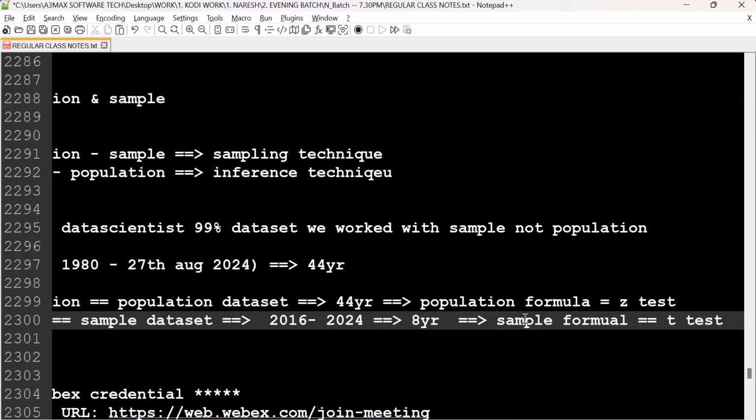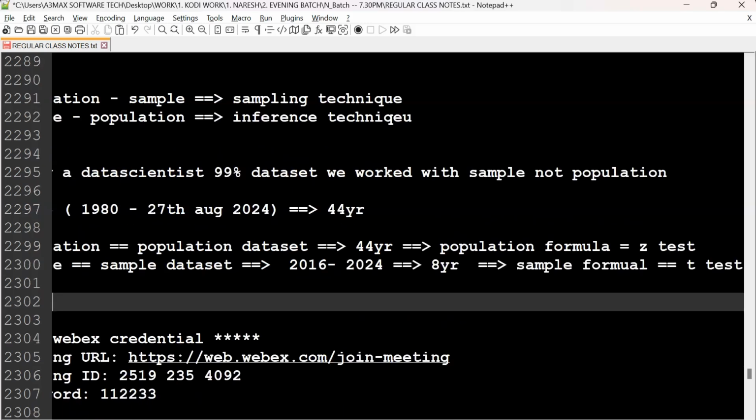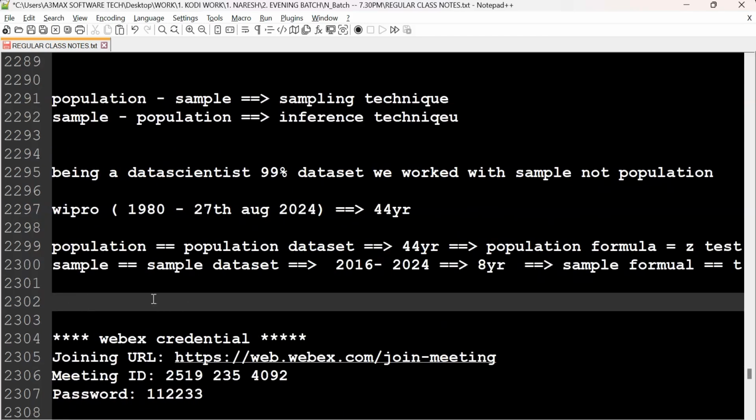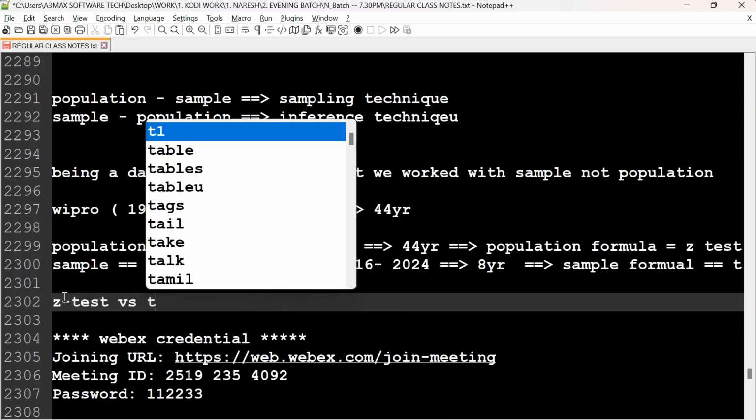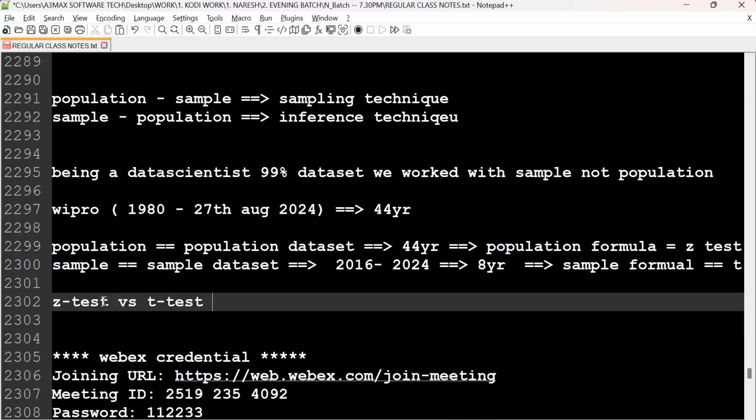In the world, everything has to be tested or not? Even when we drink water, that has to be tested. We eat food, that has to be tested. Hello guys, is the concept clear? Interview question: what is the difference between Z-test versus T-test? I will explain all those things later. Are you clear?